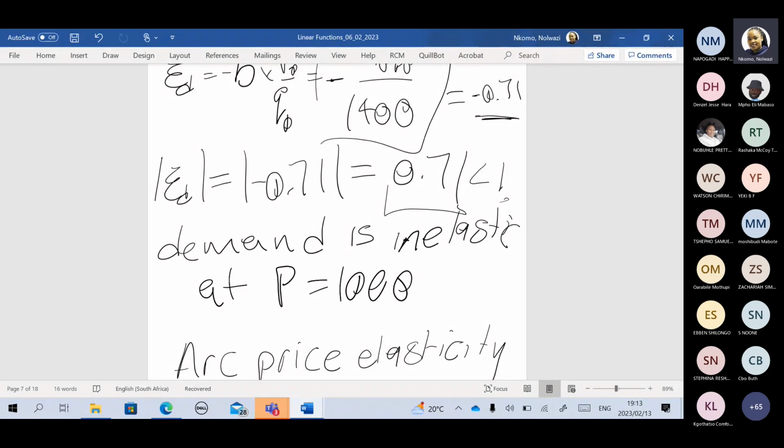Then I might have another option where the first statement is correct, the absolute value is less than 1, but I change inelastic to elastic and leave the other statement correct.